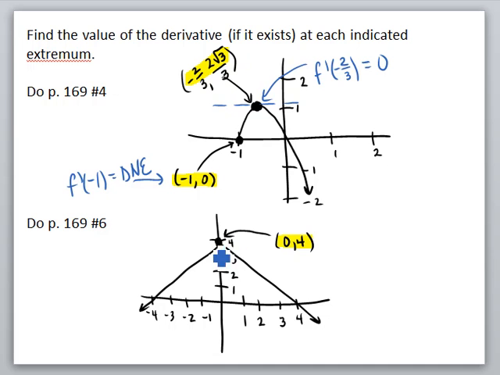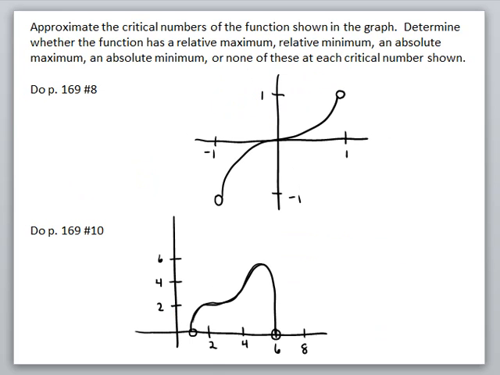I can see at 0, 4 this is a corner, and I know that the derivative at 0 then does not exist, because derivatives do not exist at corners. So when you're asked to just find the value of the derivative, all you're really seeing is whether it does not exist or equals 0.